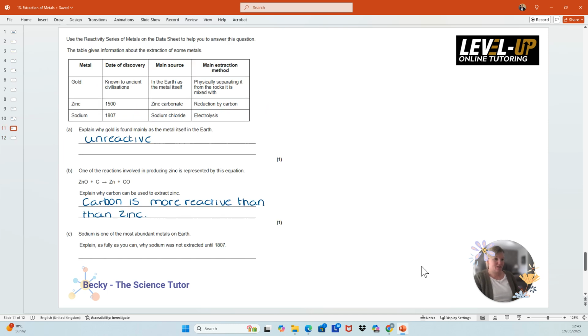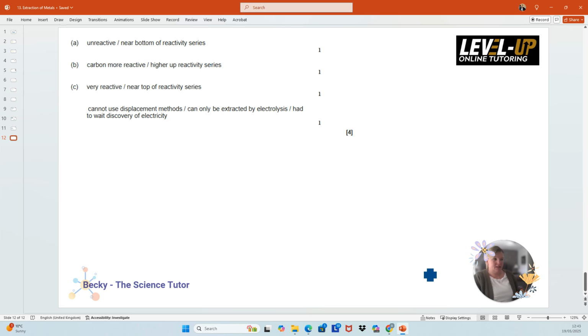We needed to use electrolysis. We know that now, don't we? That it's electrolysis, but we had to wait for the discovery of electricity. So all that was happening is when they were extracting it, it was just bonding to something else, and so therefore we were never getting pure metal on its own.